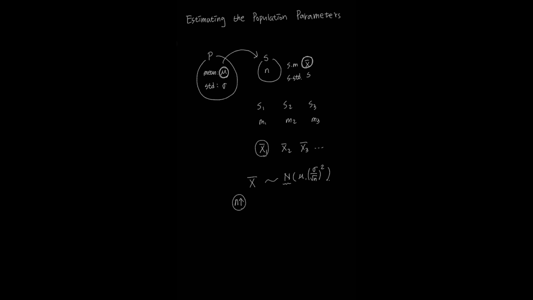This is theoretically demonstrated. So even though we have only one sample mean, we can imagine a distribution of the sample mean, and we can do a lot of things with that distribution.